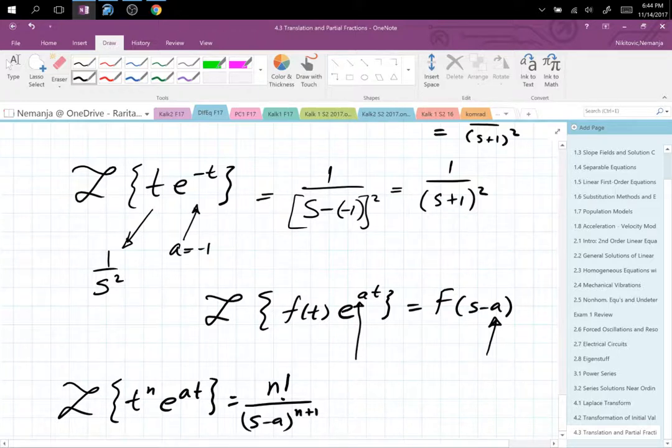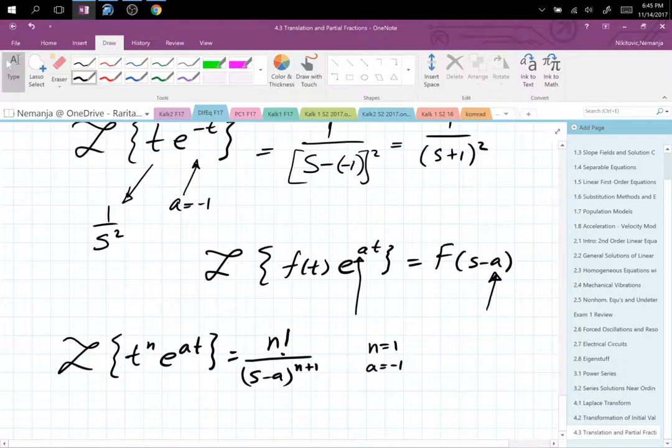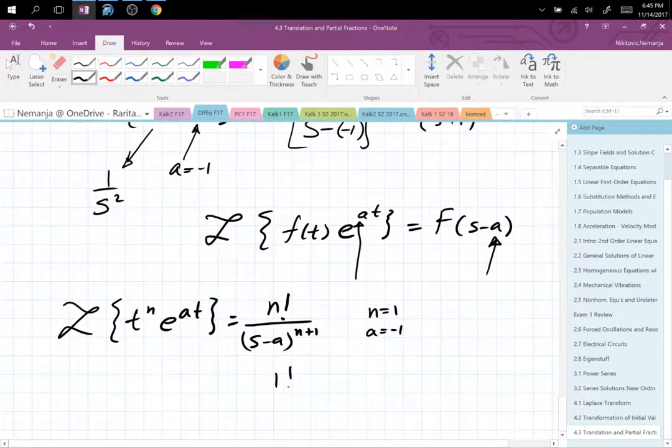So now we see that n is equal to 1 if you compare the problem, and a is equal to negative 1. So you plug those in here, you get 1 factorial divided by s minus negative 1 to the power 1 plus 1, which is s plus 1 squared. So you get the same thing.